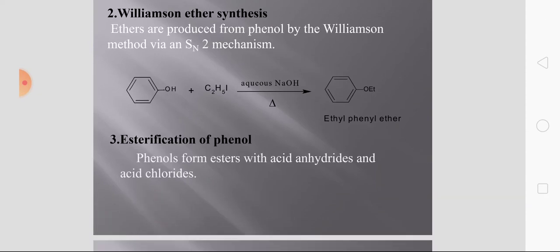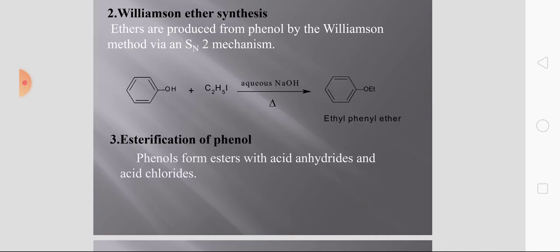Second is Williamson ether synthesis. You have learnt this reaction in the alcohol chapter. This is similar to alcohol. Ethers are produced from phenol by the Williamson method via an SN2 mechanism. This is a nucleophilic substitution reaction which happens via SN2 mechanism.